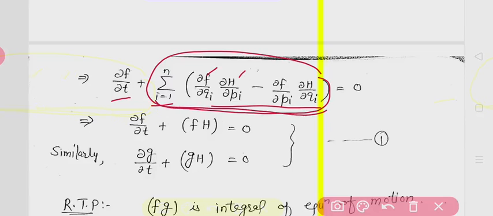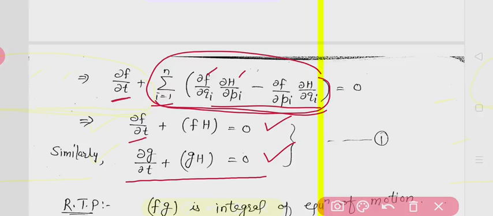So the partial of f with respect to t as it is plus the Poisson bracket of f, h is equal to 0. Similarly, using the second equation and the definition of the Poisson bracket, you will get that the partial of g with respect to t plus the Poisson bracket of g, h is equal to 0.